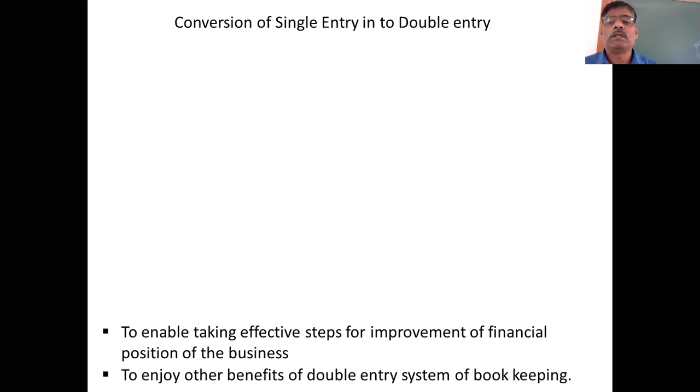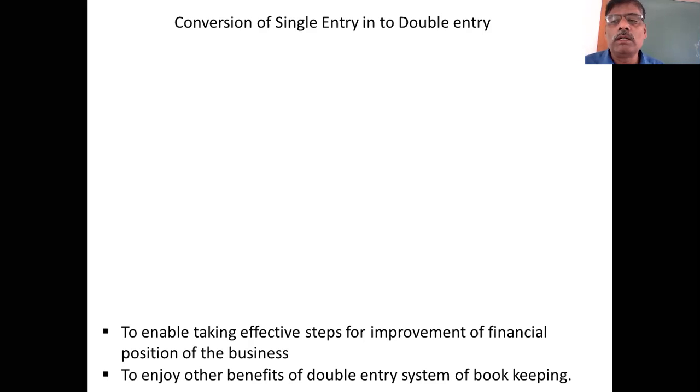And third is quasi single entry system. Quasi single entry system means a trader maintains more than two books, but not all the subsidiary books. That is called quasi single entry system.